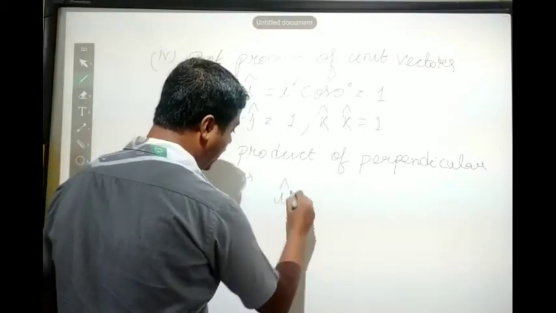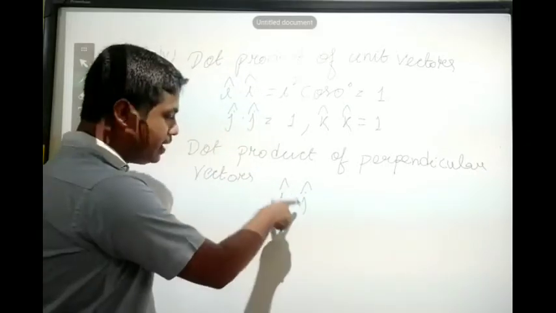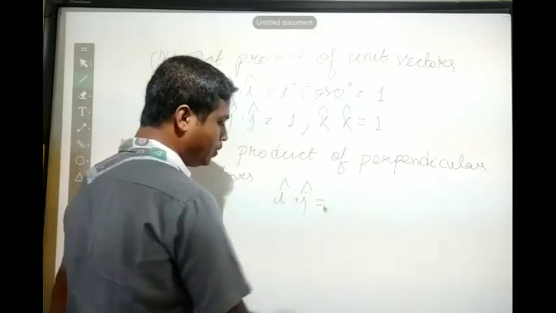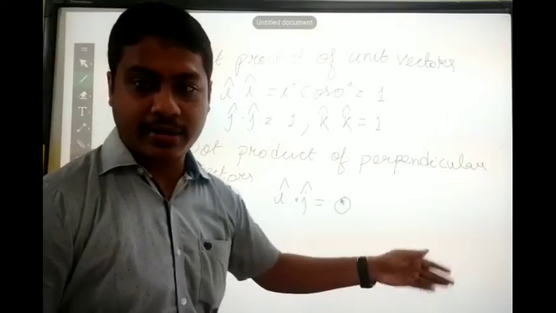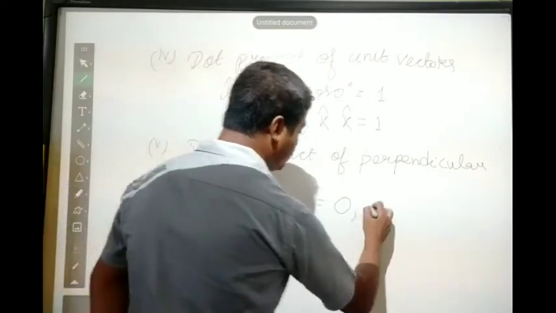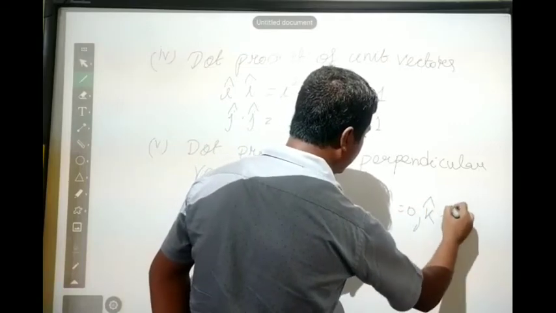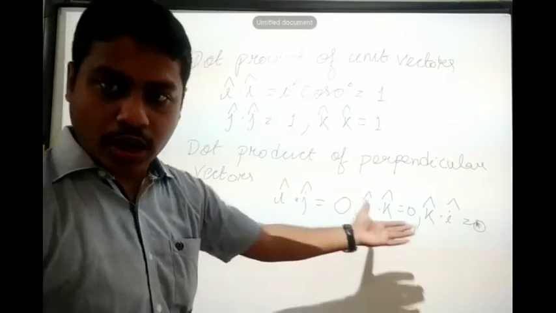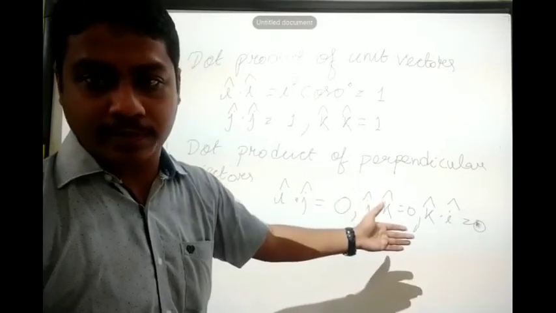If I consider I cap dot j cap, because I cap is along the x-axis and j cap is along the y-axis, this will be equal to 0, because you get ij cos 90, and cos 90 is 0. Similarly, j cap dot k cap gives 0, and k cap dot I cap equals 0. That means if you take unequal unit vectors and do a dot product, you will always get the answer 0.